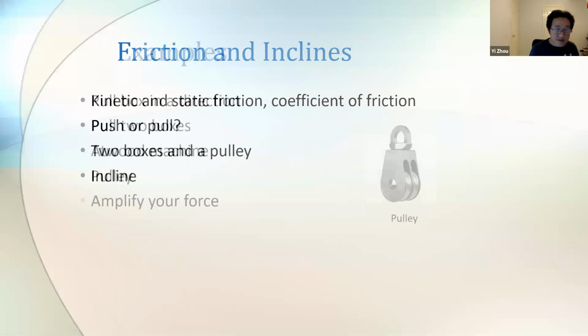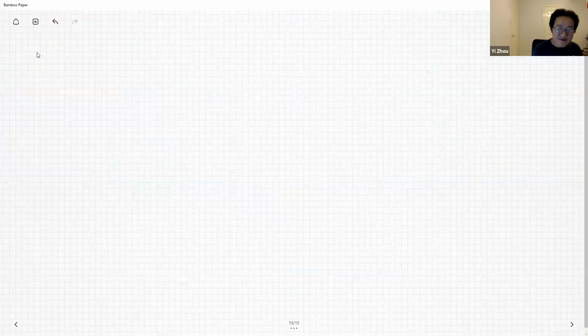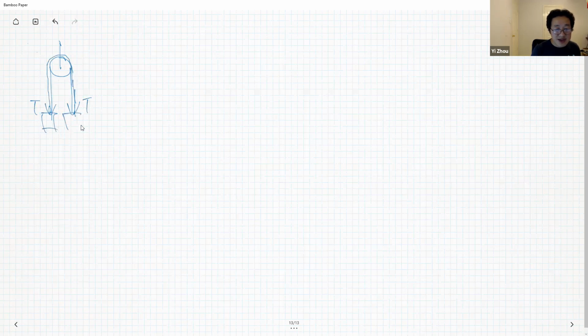Let me try to wrap up in 5 minutes, okay? A pulley is something you can turn a string around. So if this is a pulley and this is a string, this string goes around the pulley, then the tension can be turned around like this.